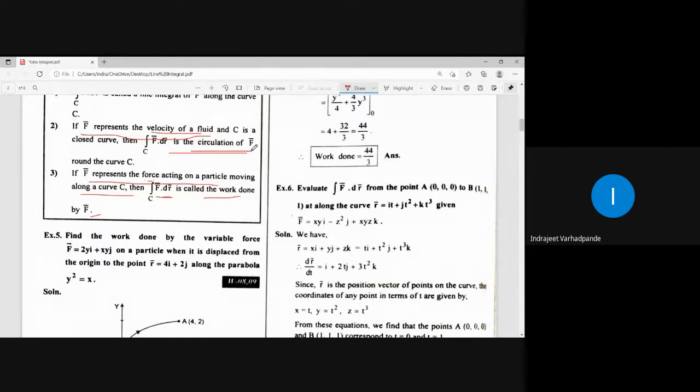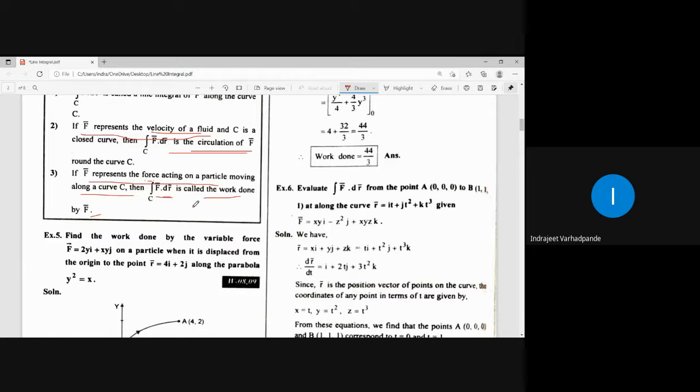So this is all regarding the line integral as well as its simplification in terms of work done or circulation, whichever is asked as per the data given in the question. Mostly the examples related to the line integral will be associated with the calculation of work done or circulation.